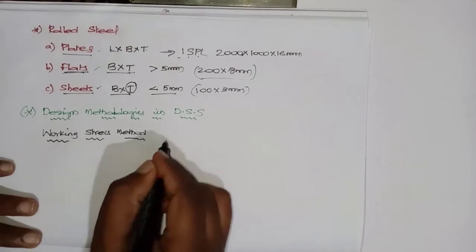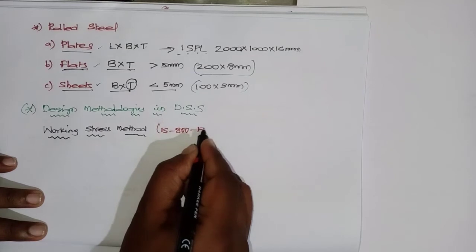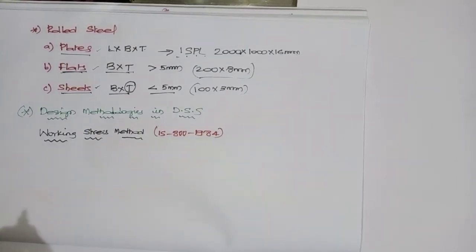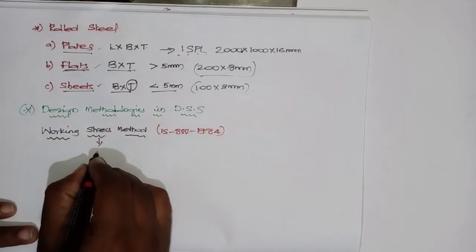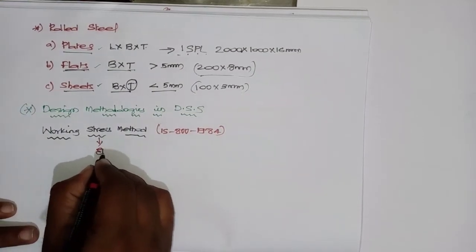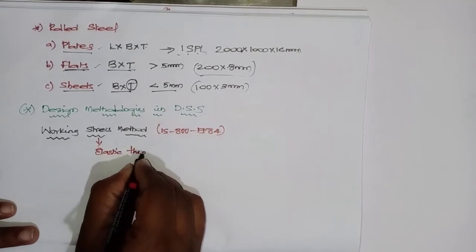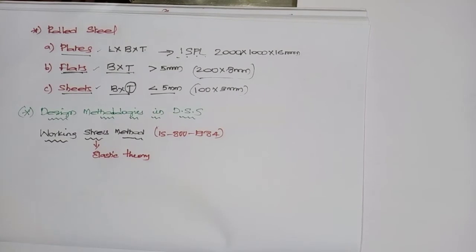The code of this working stress method is IS 800 1984. Now this working stress method is based upon elastic theory. What is this theory called? Elastic theory.